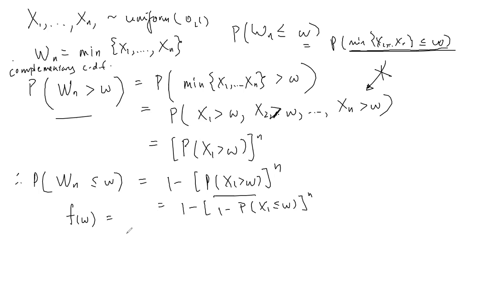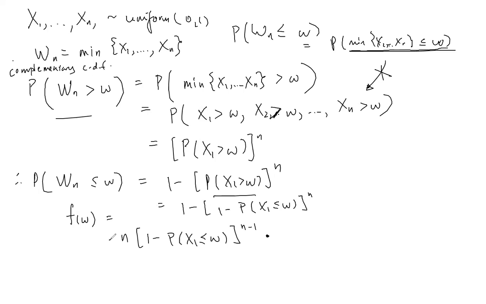Okay, so your fW will be, you take the derivative of this thing, so you get n times 1 minus P(x1 ≤ w) to the power n minus 1, and then you multiply with the derivative here, right? So as you can see, when you take the derivative of this, there's a negative, right?